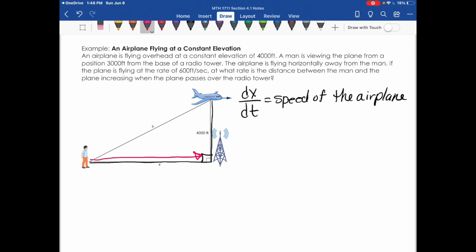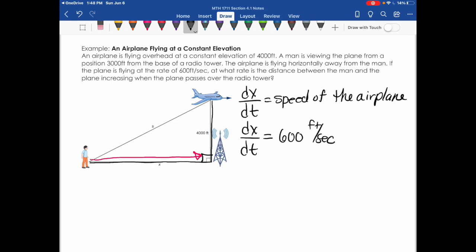Now, we were also told that the speed of the plane is 600 feet per second. So we can actually write down that dx/dt is 600 feet per second.